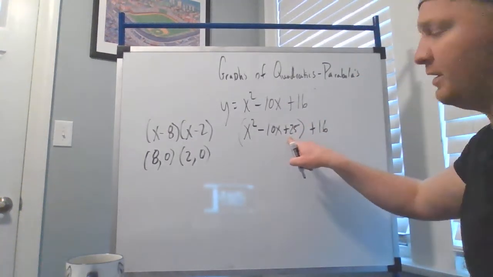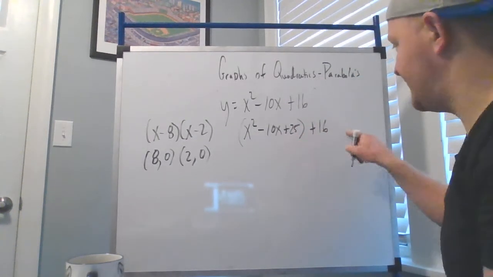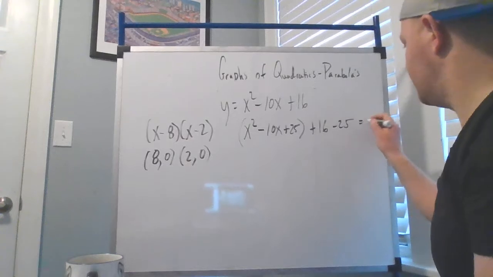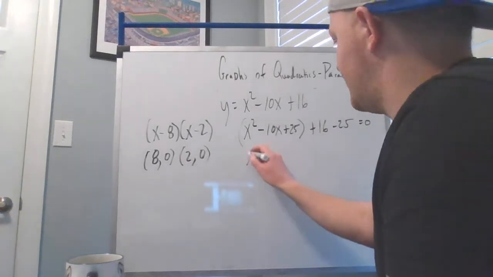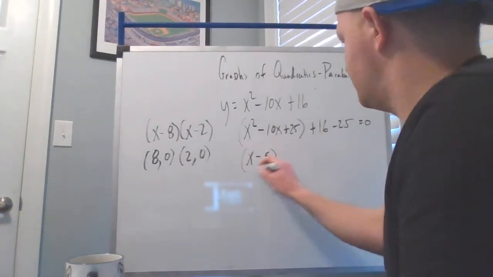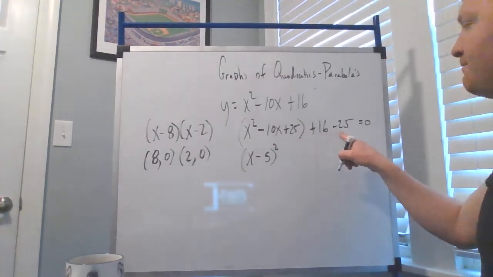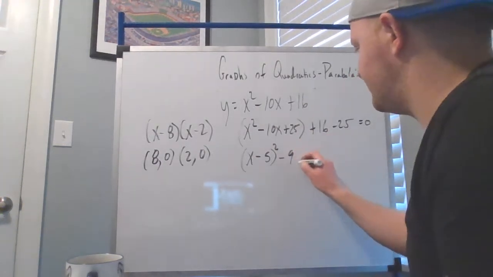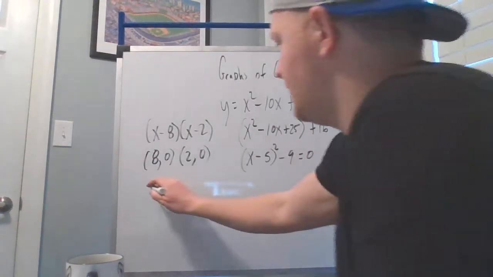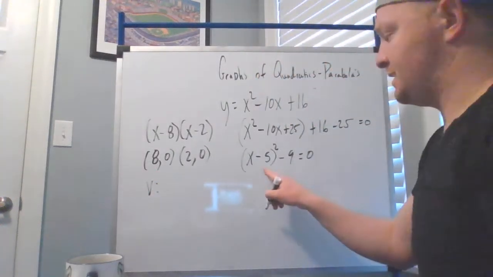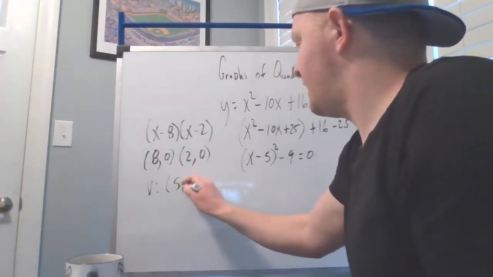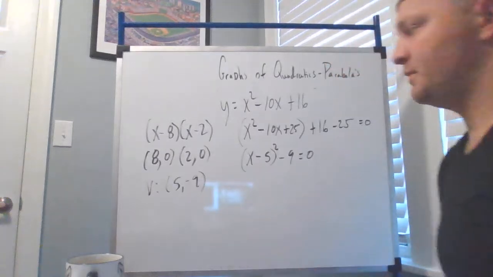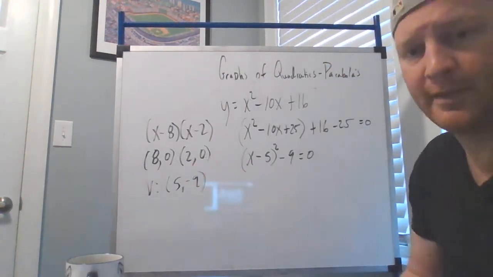I brought a 25 into this question that wasn't there originally, so I take it out, put it right there. Now I got x minus 5 squared, and 16 minus 25 is negative 9, which equals y. I now know my vertex is at 5 comma negative 9. So now I got 3 points.